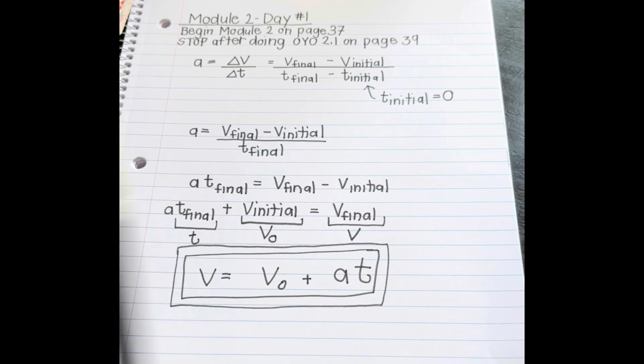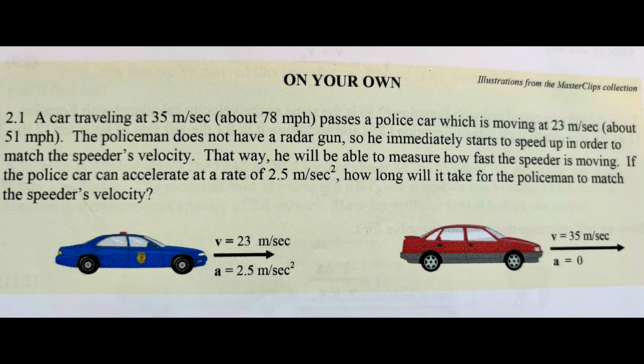Let's go ahead and look at On Your Own 2.1 on page 39. A car traveling at 35 meters per second, about 78 miles per hour, passes a police car which is moving at 23 meters per second, about 51 miles per hour.